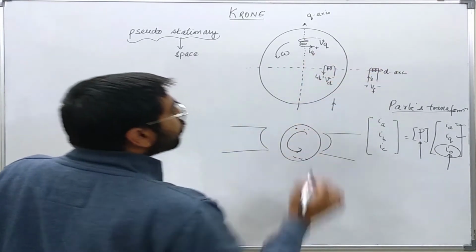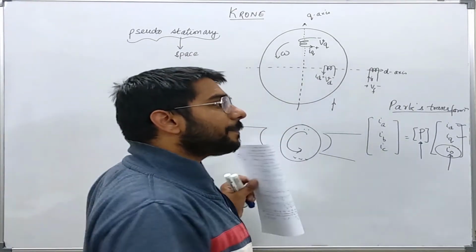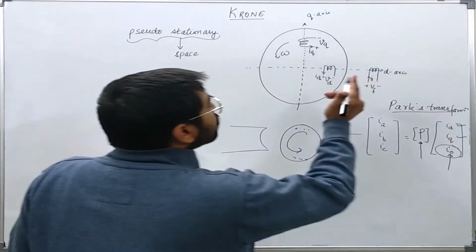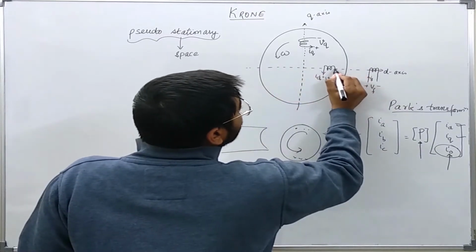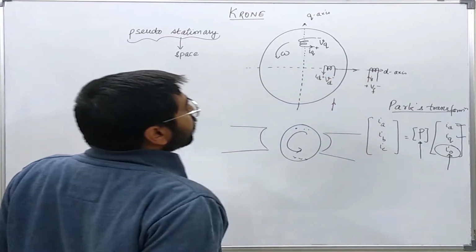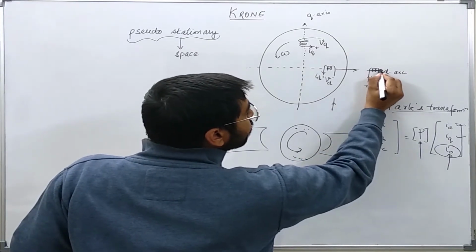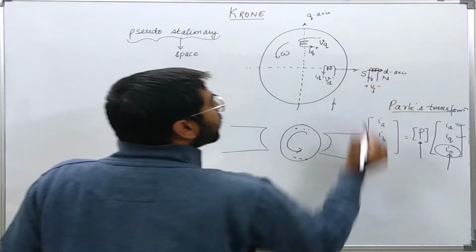According to the Park's sign convention, whenever a positive current flows into the winding, it creates a flux towards the outside along its axis. So this winding will create a north pole here and a south pole here.